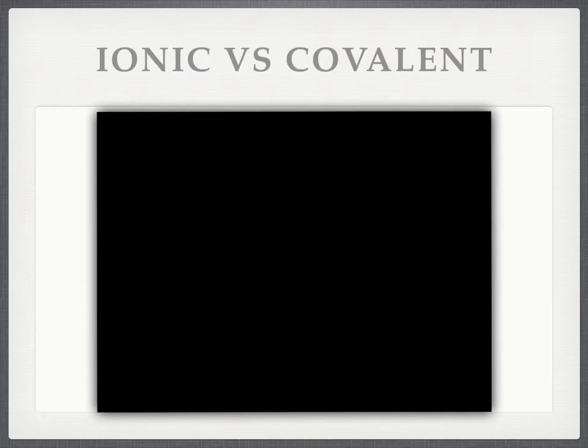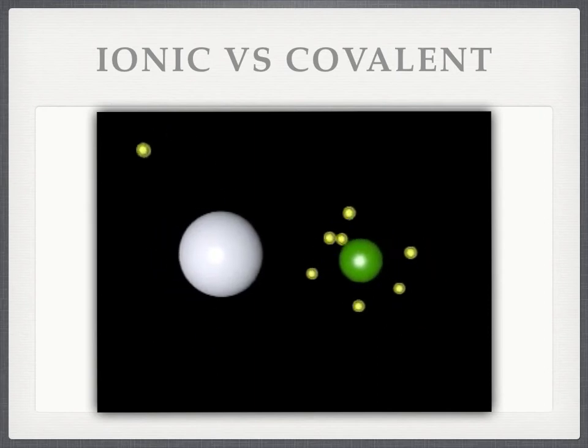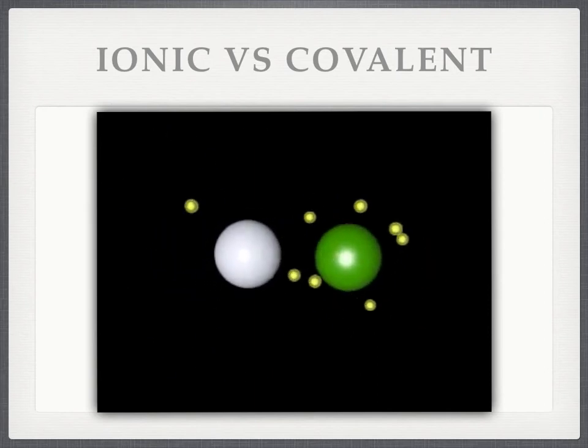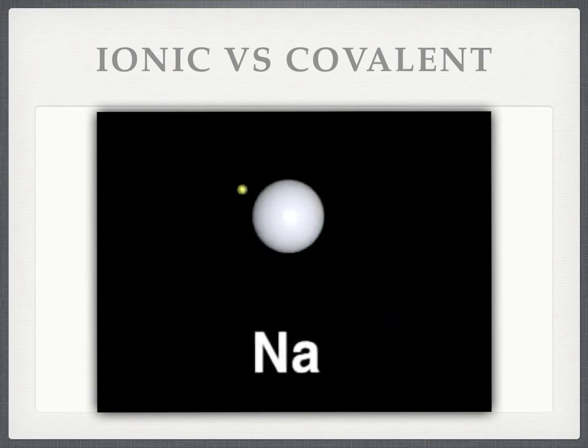Take a look at this video that talks about ionic versus covalent bonds. Ionic bonding occurs between two atoms when one of the atoms has sufficient strength of attraction to remove an electron from the other atom. A sodium atom has one valence electron, with a stable energy level below containing 8 electrons.